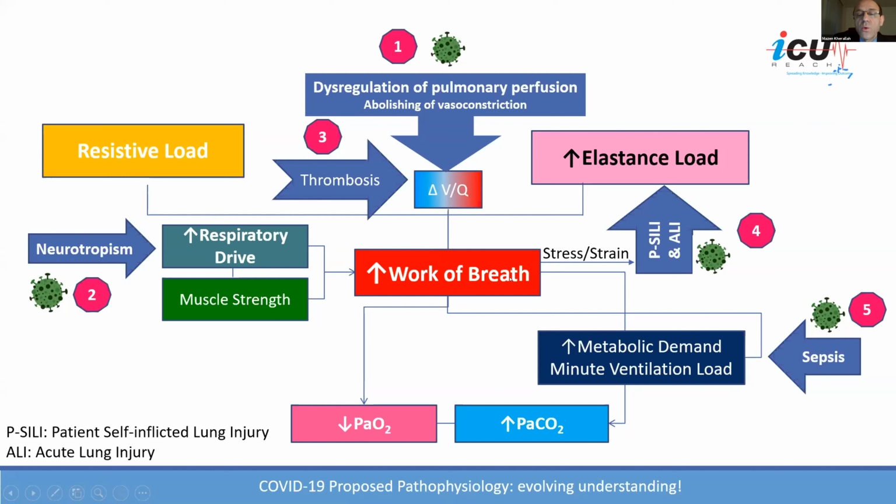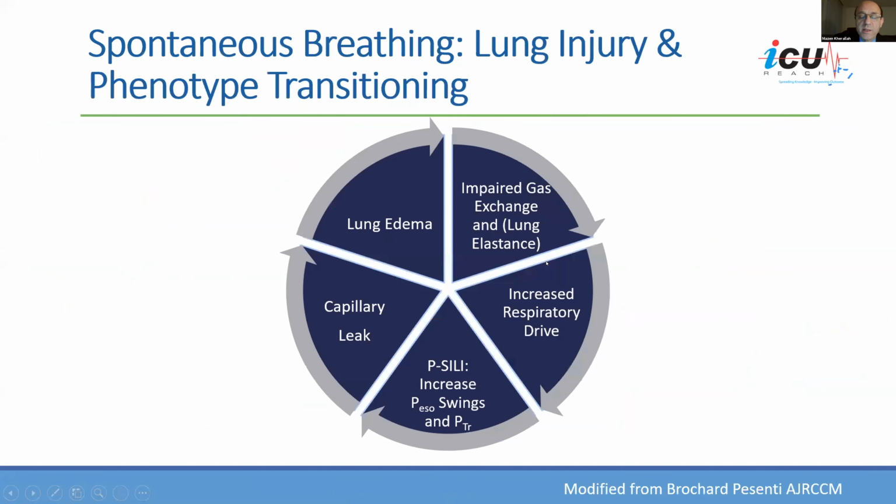The patient will create large transpulmonary pressures, and those pressures will impose more stress and strain on the alveoli, which will lead to self-inflicted lung injury. At the same time, there is increased metabolic demand in the body, high minute ventilation that will add to the work of breath. So we need to understand the work of breath is the most important factor in determining how the patient is going to progress.